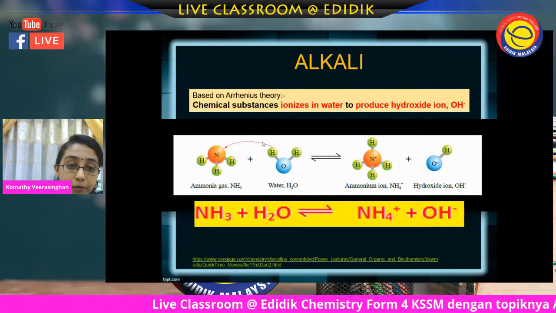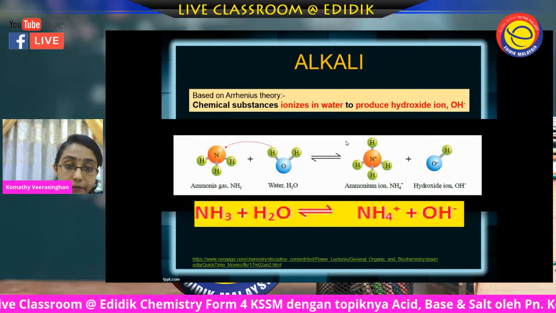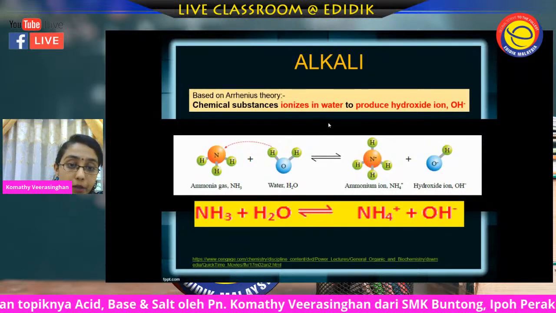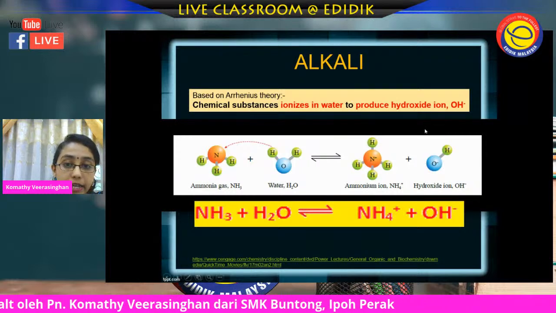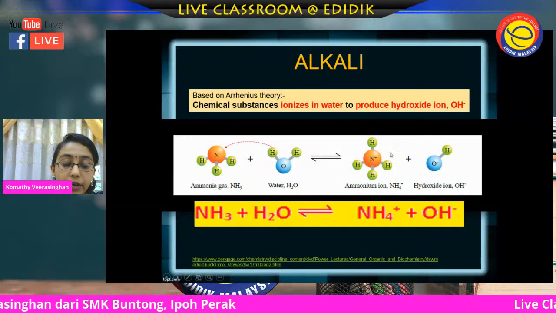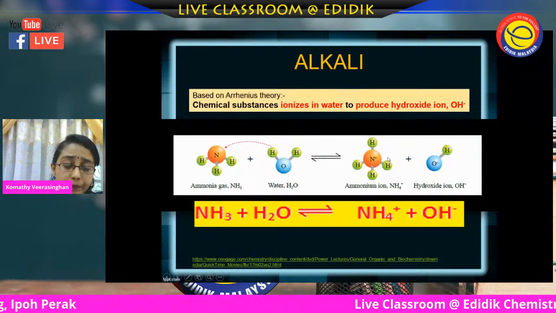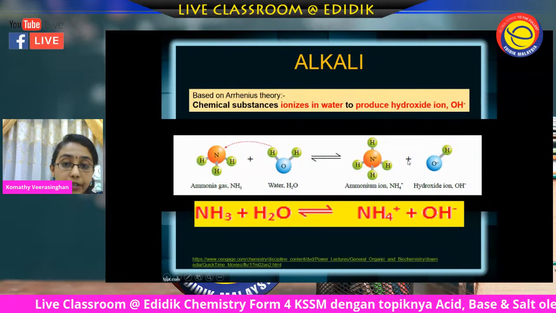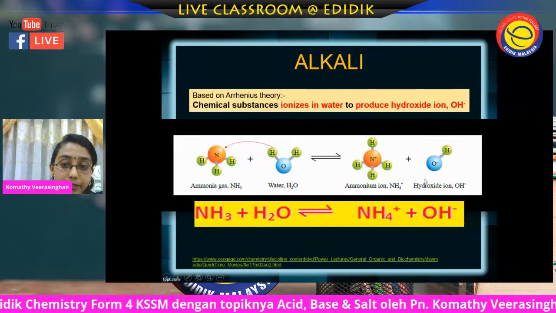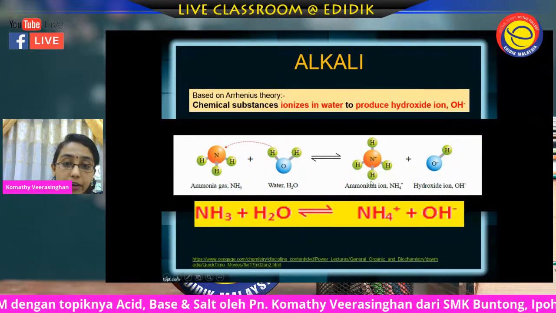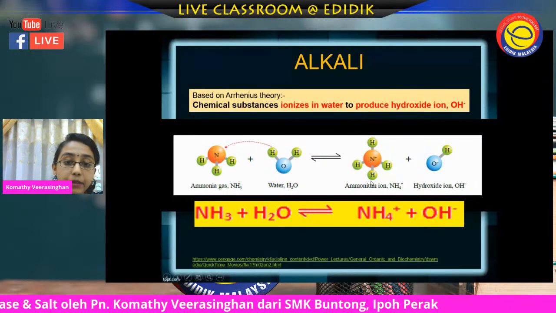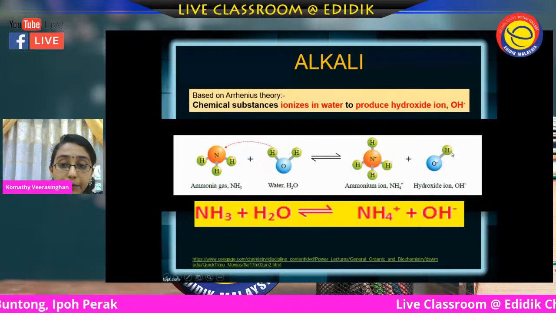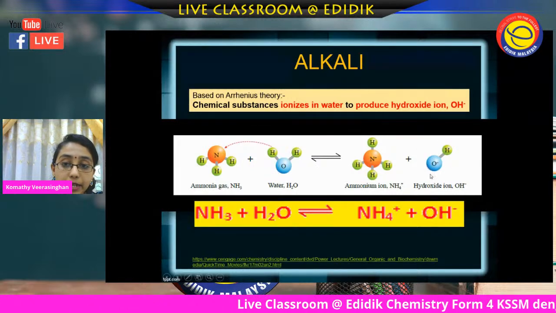When ammonia molecules dissolve in water, they form a dative covalent bond with the water molecules. Hence, it results in the formation of ammonium ion. The byproduct of the formation of ammonium ion will be hydroxide ions. So during the formation of the dative covalent bond between the ammonia and water molecules, a byproduct is formed, which is hydroxide ions.